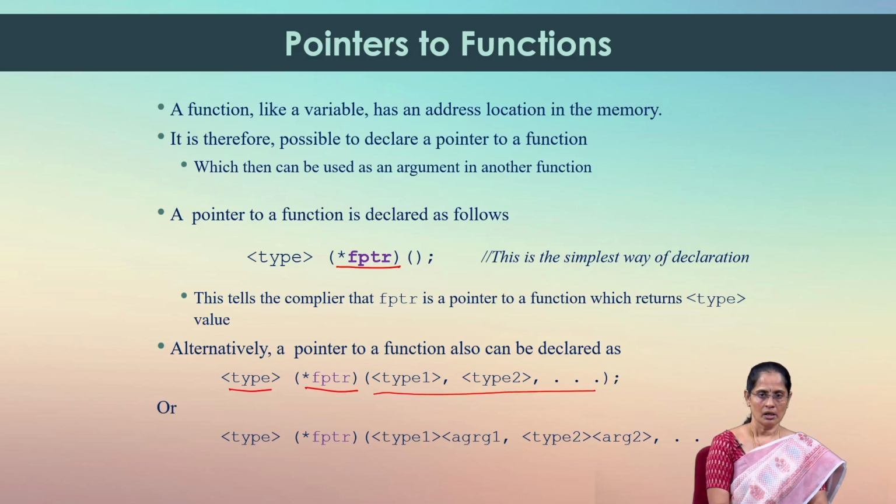Or otherwise we can write data type, function name, type 1 argument, type 2 argument. Each argument's data type can be given individually, and it can even be given with the argument name. So, these are the two ways that we can declare pointers to functions, right.